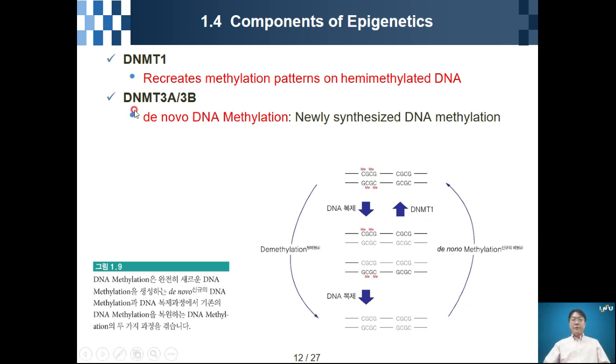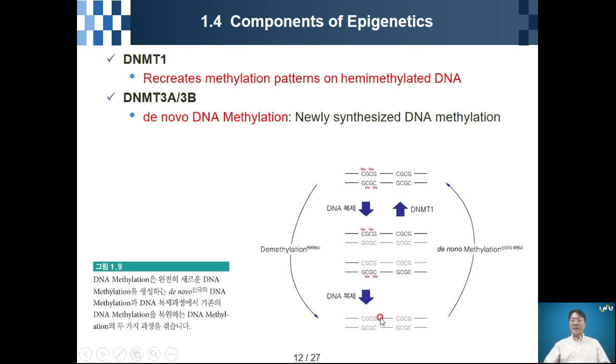But how about DNMT3A and 3B? They can do de novo DNA methylation. For example, this is a DNA double strand, and there is no methylation. De novo methylation means that it can induce DNA methylation in newly synthesized DNA.